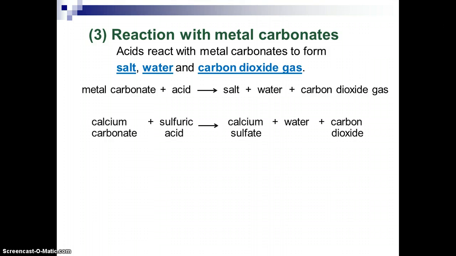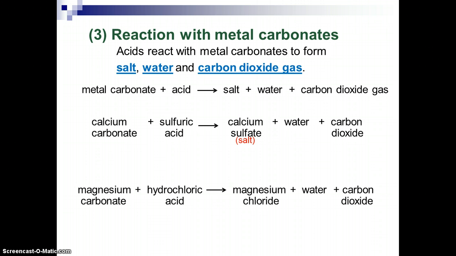Example, calcium carbonate plus sulfuric acid gives you calcium sulfate plus water plus carbon dioxide gas. Calcium sulfate is the salt. Another example would be magnesium carbonate plus hydrochloric acid to give you magnesium chloride plus water plus carbon dioxide.